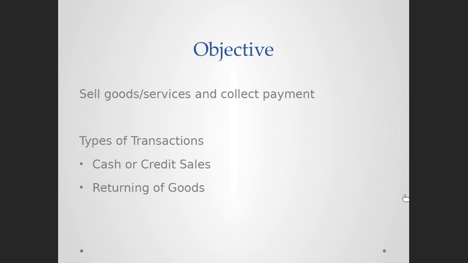So this is a credit sales. And if it's a cash sales, then you record the entry debit to cash and credit to sales. So the first type that you see is called a credit sales, debit to accounts receivable, credit to sales. And the second type is debit to cash and credit to sales.